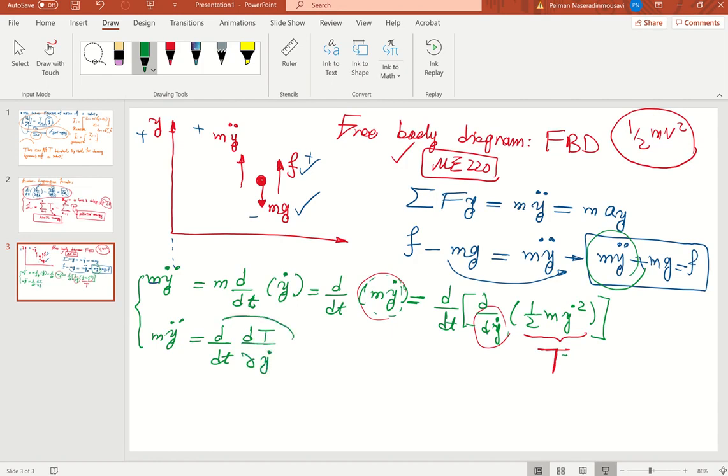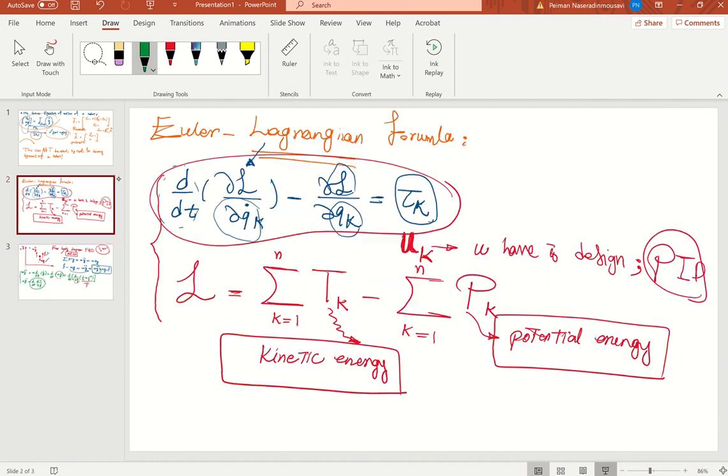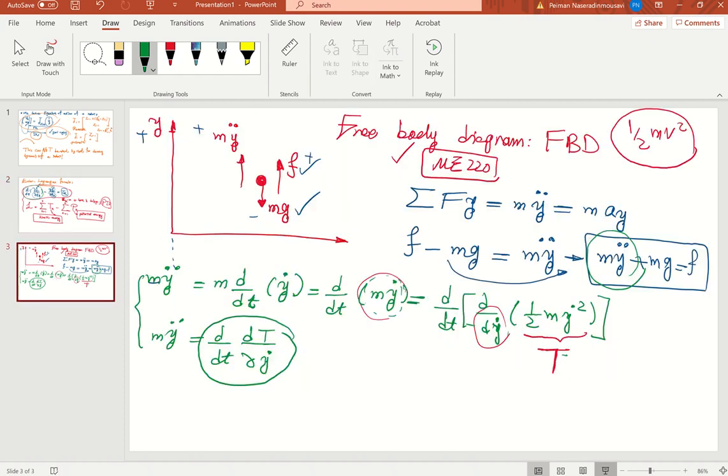Now guys, look at this. Have you seen this? Almost d over dt of round L over round q dot, because this is for the joint. It's close to that.